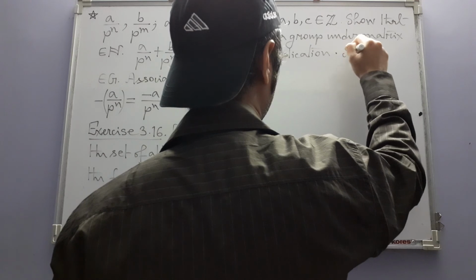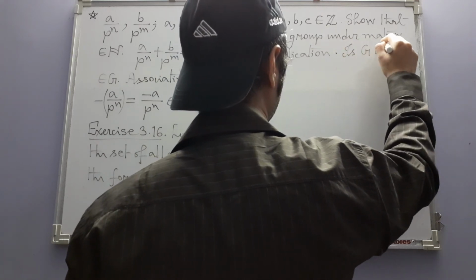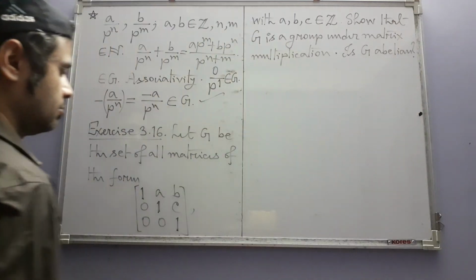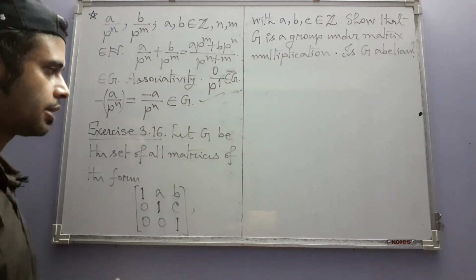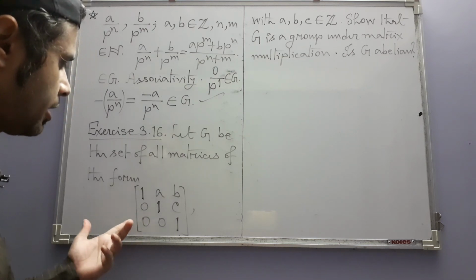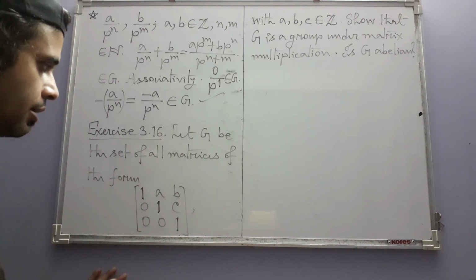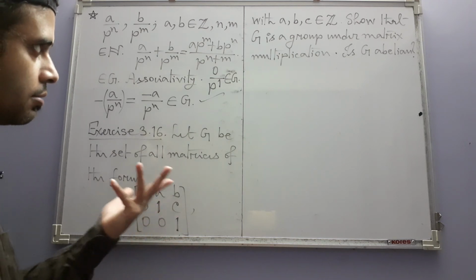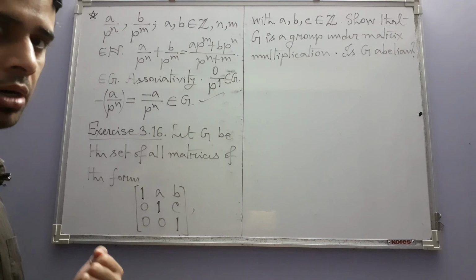Is G abelian? So this exercise is straightforward. You have to again show that the 4 axioms are satisfied, and the set G is of course non-empty, and the binary operation is matrix multiplication.